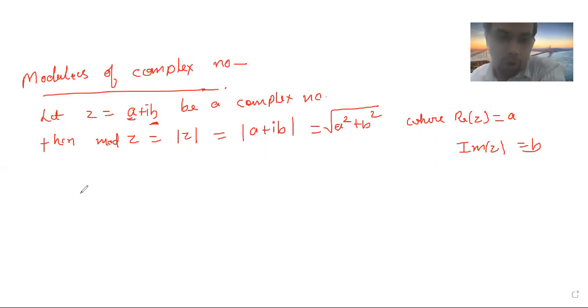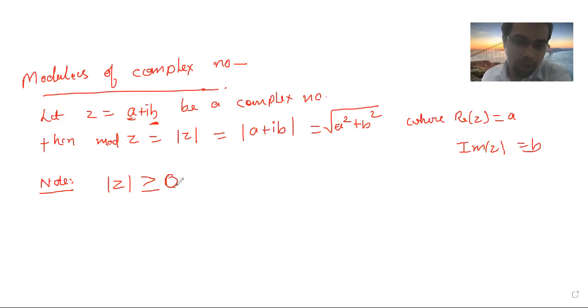Note down here that the modulus of z will always be greater than or equal to 0. It will not be less than 0.